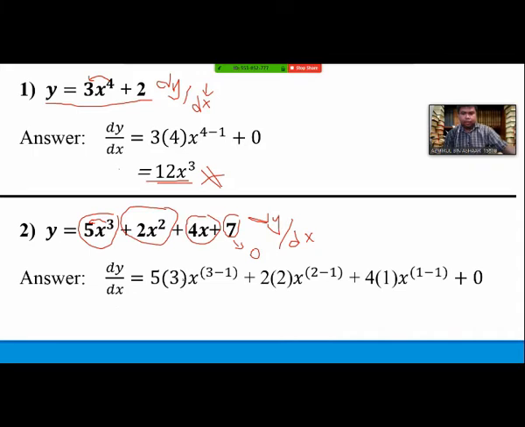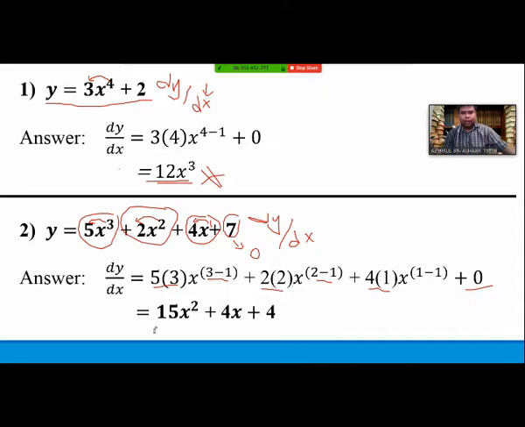This becomes 5 multiplied with 3, and 3 minus 1 for the power. Similarly, for this case, 2 moves to the front, it becomes 2 times 2, while the power is 2 minus 1, and 4 is actually 4x power of 1. So 1 moves to the front, it becomes 4 multiplied with 1, and 1 minus 1, plus 0, since 7 is constant, so it becomes 0.